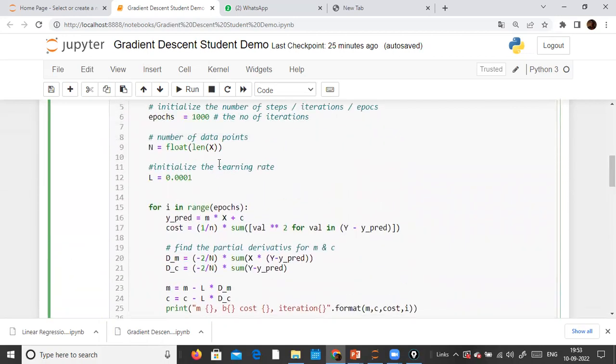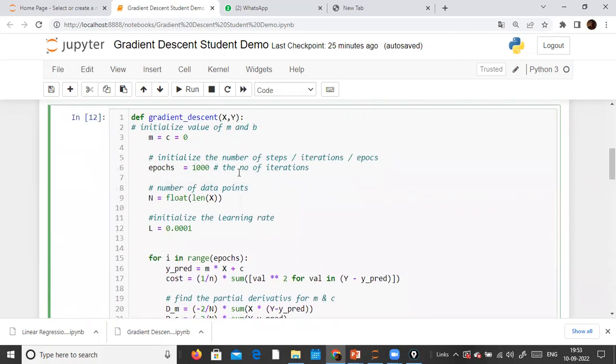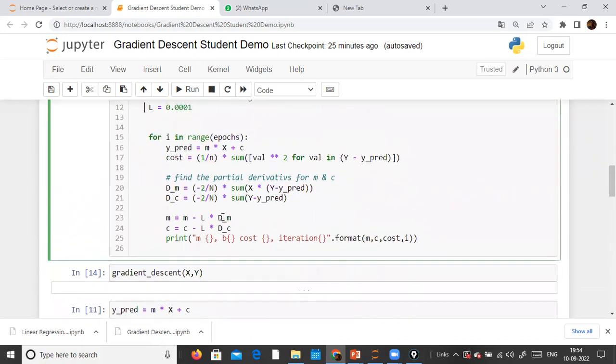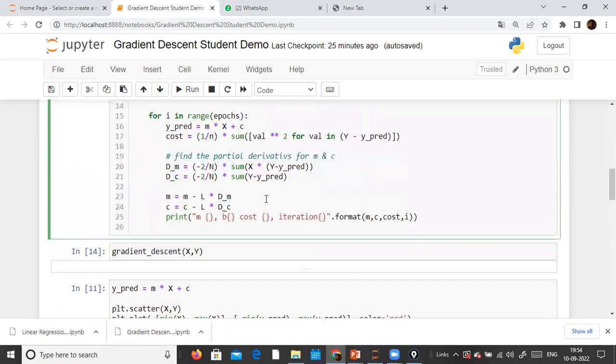So you need to choose some optimal value. This is a hyper tunable parameter, epochs as well as the learning rate, which I will discuss at a later point in time, how to fine tune the hyperparameter values. Hope with this simple script, you should be able to understand how to implement the gradient descent algorithm in Python.